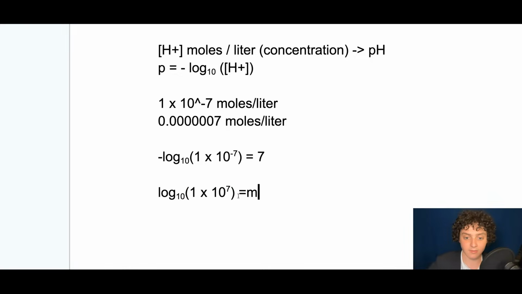And so then the answer is 7 times. So 1 times 10 to the 7 is 10 to the power of 7, or 10 times 10, 7 times. So it's a 1 with 7 zeros.